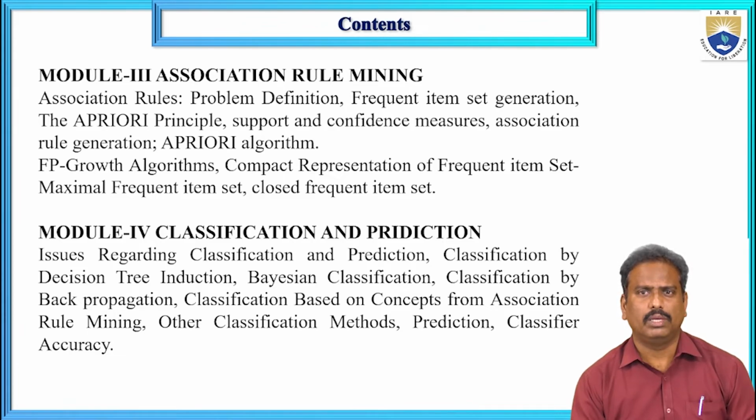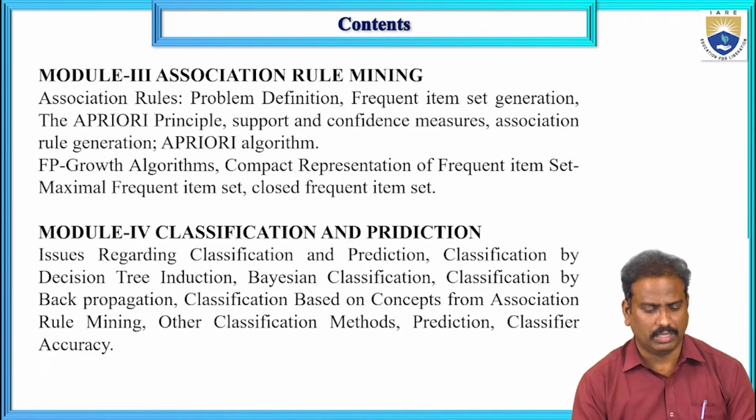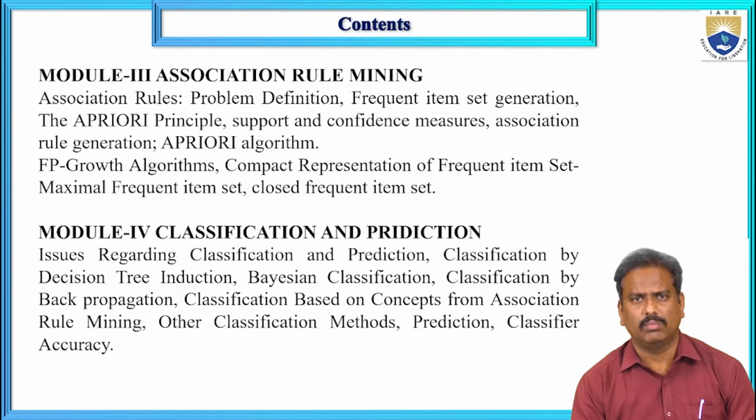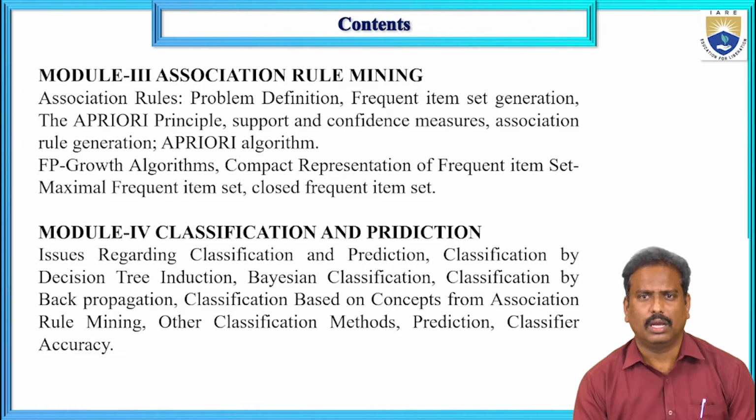We'll be using some different algorithms here, such as Bayesian classification, classification by decision tree induction, and classification based on concepts from association rule mining and other classification methods. We'll be learning about all these things in module 4.